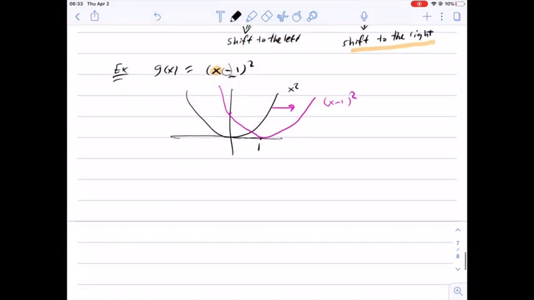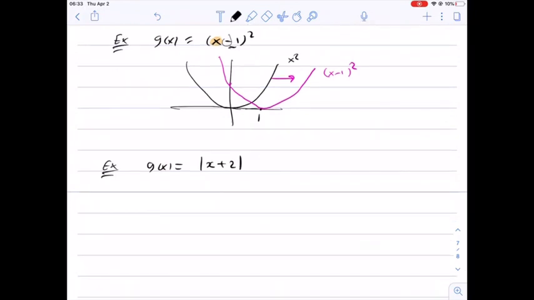Let's take another example. Let's take g of x equals absolute value of x plus 2.